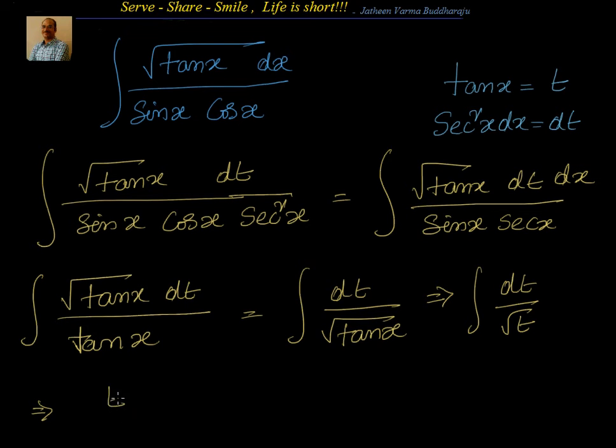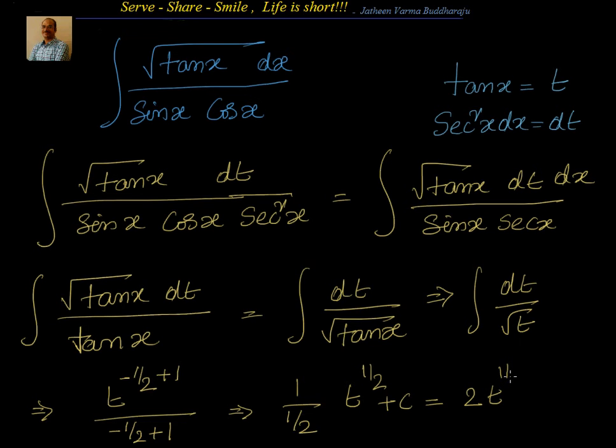That is nothing but t to the power of minus 1 by 2, so it is t power minus 1 by 2 plus 1 by minus 1 by 2 plus 1, that's equal to 1 by (1 by 2) into t power 1 by 2 plus c, which is equal to 2 into t power 1 by 2 plus c, which is equal to 2 root tan x plus c.